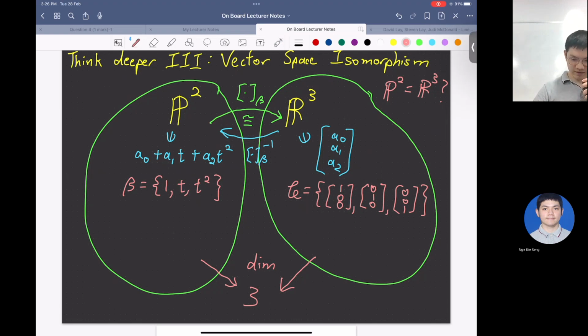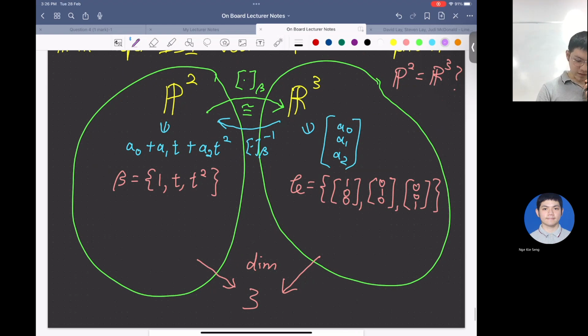okay, I should use this table again. Subspace is a subset of a vector space, which is still a vector space. Okay.